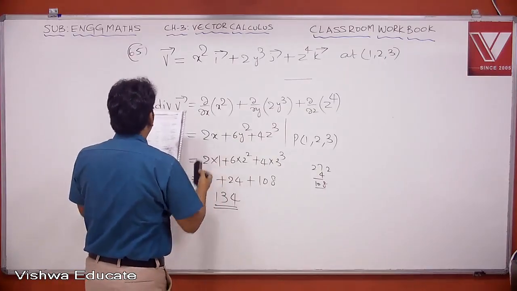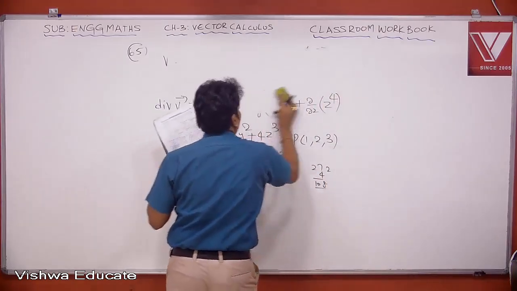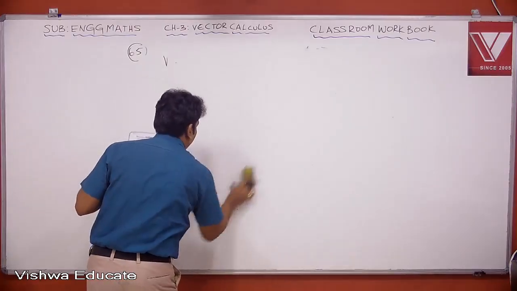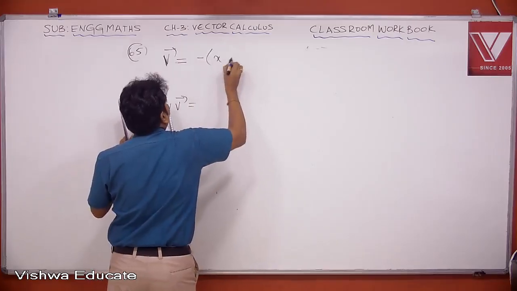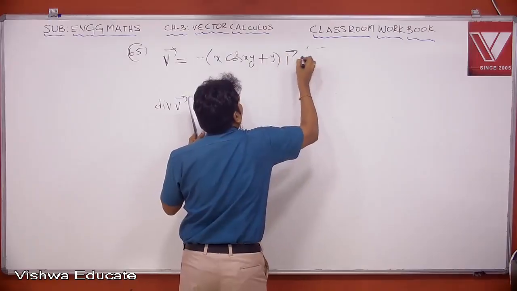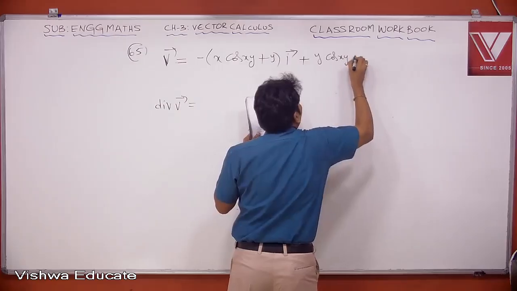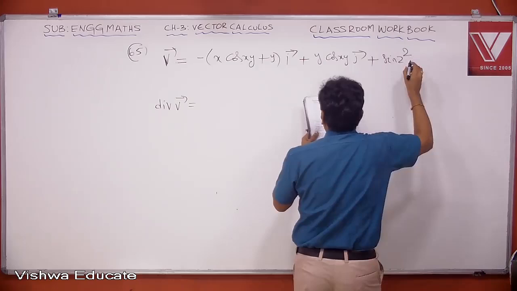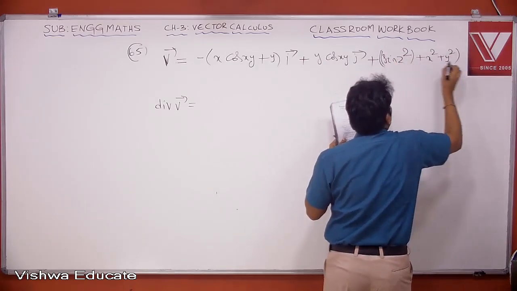The divergence of the vector field V bar equal to minus of x cos xy plus y into i bar plus y cos xy into j bar plus sine of z square plus x square plus y square into k bar.